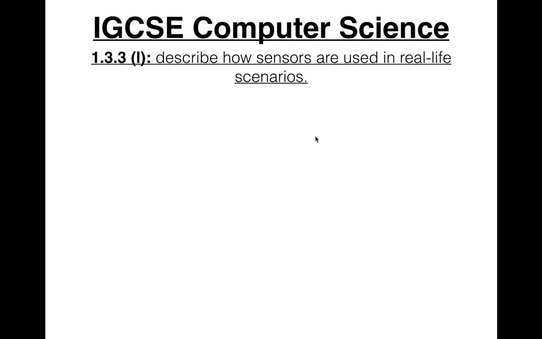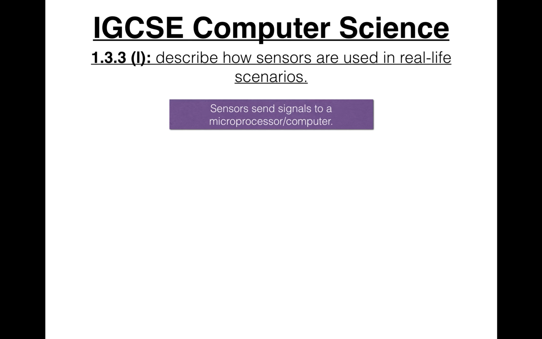So we don't know what we're going to get. So we need to get into practicing how we can use microprocessors and sensors to control a system. So that's pretty much what we're going to do in this video. We're also going to do two examples and an exam question. So let's get to it.